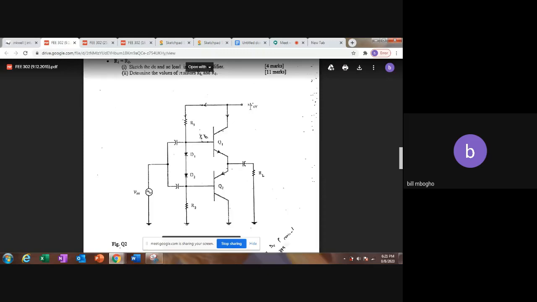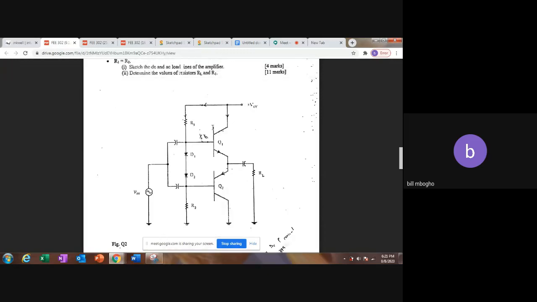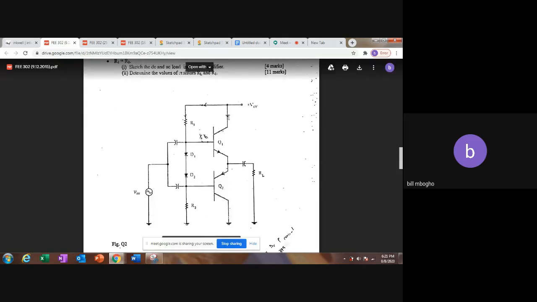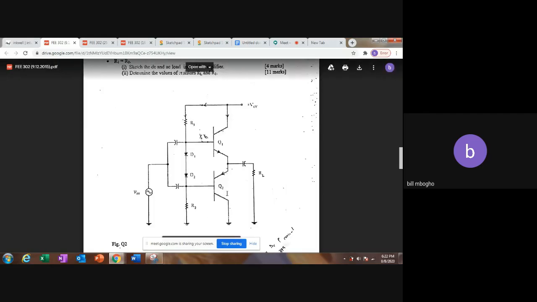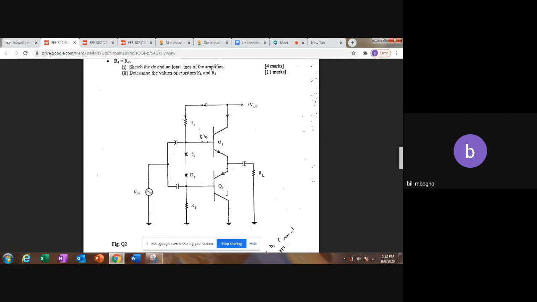So this VCC is being dropped by these two transistors. And because they are identical, VCE has to be half of VCC, because half of the voltage drops in the first transistor, then the other half drops in the second transistor. There's nowhere else the voltage can go in the DC side.